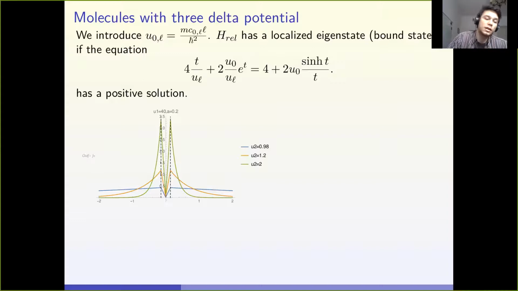And this is because we consider a finite-range delta potential with a very strong repulsive interaction. That prevents the particles from being at the same position. But you have an enhancement of this wave function at the position given by the distance between the deltas. And this is because the second particle basically localizes at the distance given by L.